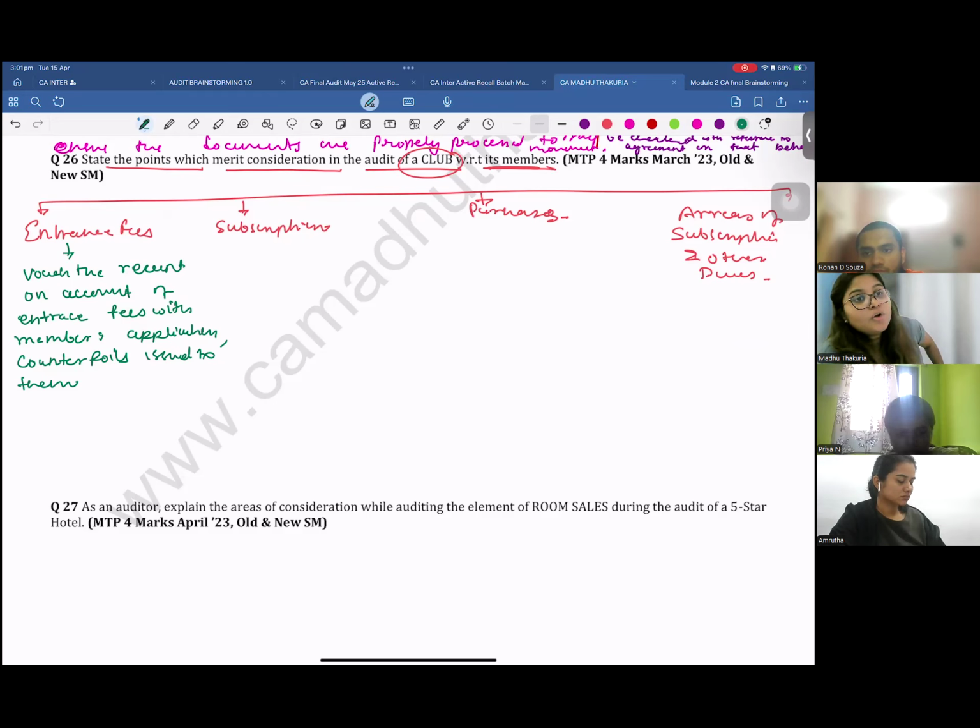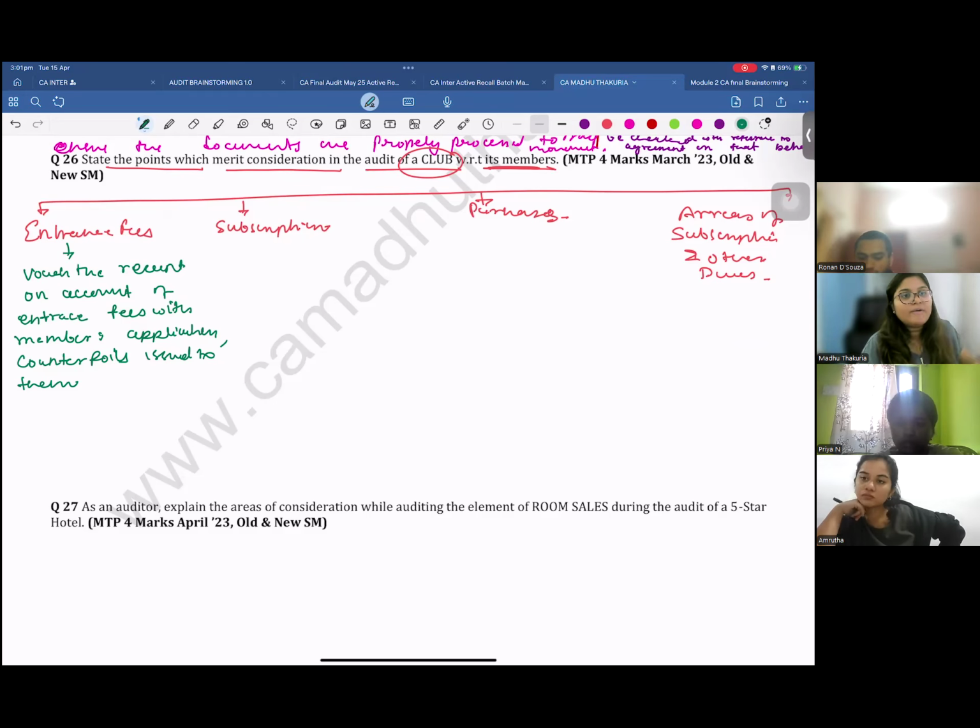For example, you want to go to the club to regularly play the lawn tennis. So you will have to take the subscription for that. For example, you want to go there and swim every week, every Sunday. You will take the subscription for that. For any services that the club provides, and if you have to take that on a subscription basis, you will have to pay the subscription fee for that, right?